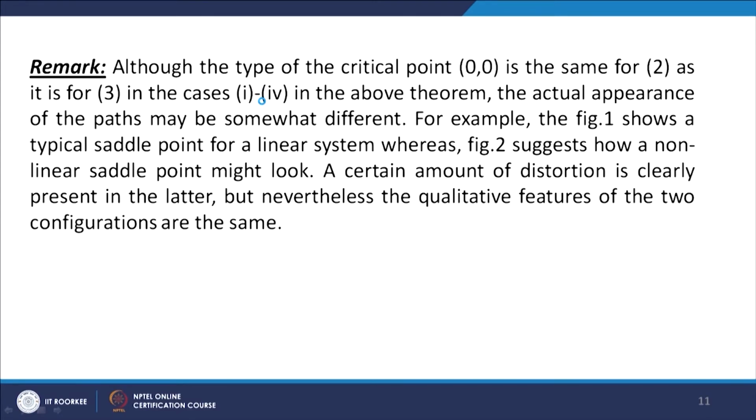Figure 1 shows a typical saddle point for a linear system, whereas figure 2 suggests how a nonlinear saddle point might look. A certain amount of distortion is clearly present in figure 2, but nevertheless the qualitative features of the two configurations are the same.